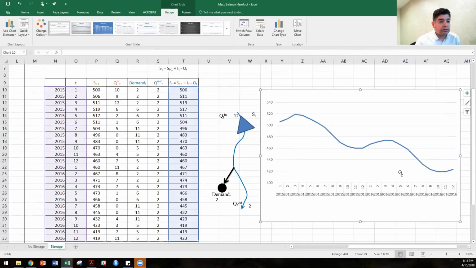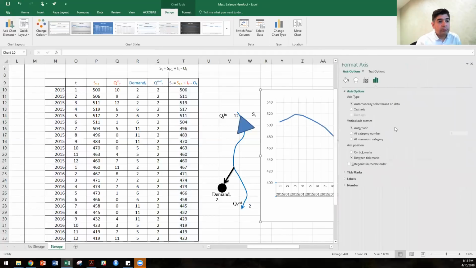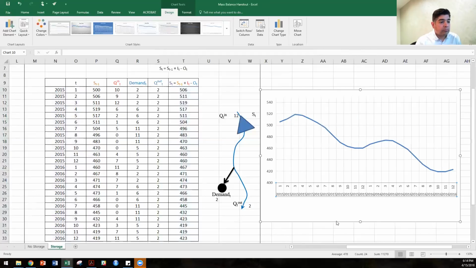That's what I want you to notice here, in all these different months. So you can see that there are periods of time when the reservoir storage is increasing, and some other periods of time when the reservoir storage is decreasing.